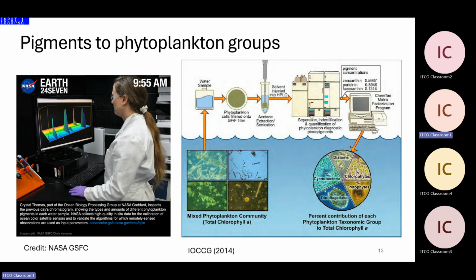You get these things out called chromatograms, which show these peaks where the different pigments are. And essentially, you can relate the relative concentrations of those pigment peaks to different types of phytoplankton. Essentially, you get a big report that says there's this many micrograms per liter of this pigment, there's this many micrograms per liter of this pigment, and you move forward.